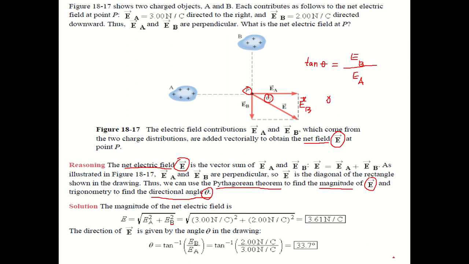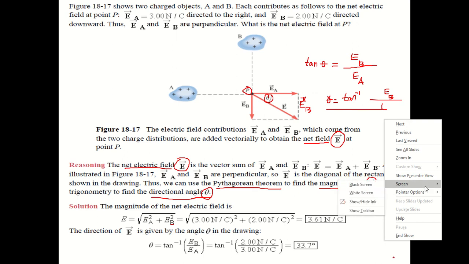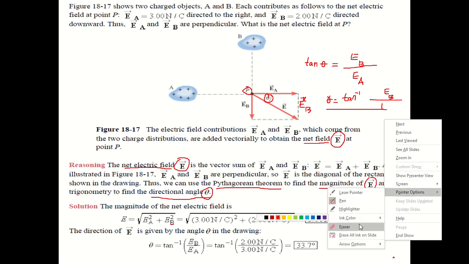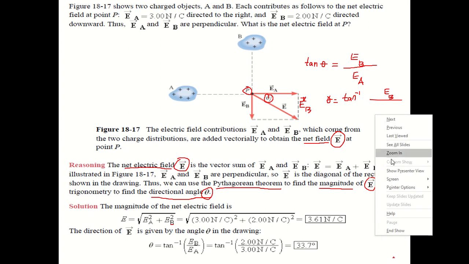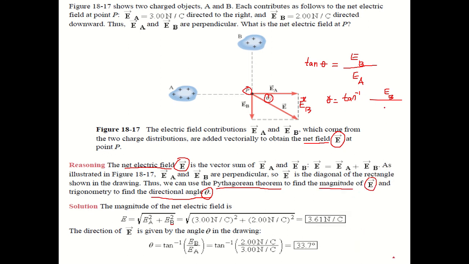So theta is just the arc tangent, meaning inverse tangent, of the electric field at B divided by the electric field at A. That is what you have here in the solution.